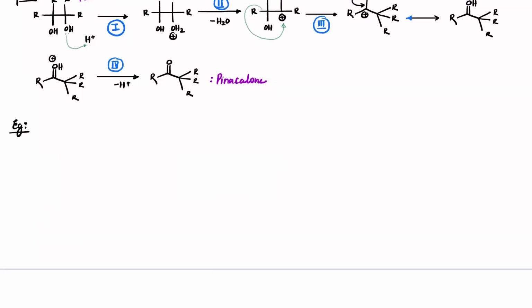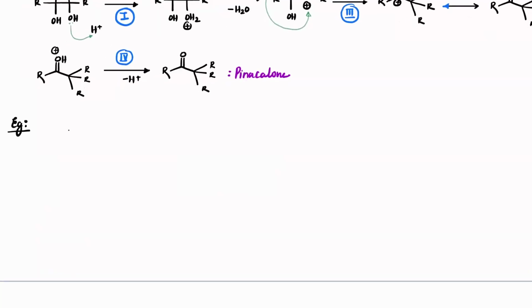For example, if I take a pinacol like this, where we have all four different groups. One is methyl, ethyl, phenyl, okay, and let's say here we have propyl. I'll take it this way, fine.